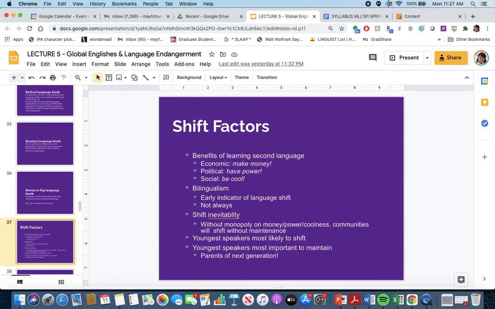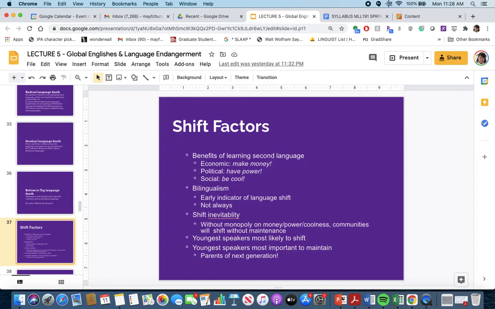So, talking about the shift factor, looking at why languages shift. There are benefits of learning a second language. Economic, to make money. Like I said, a lot of English learners are not doing it because it's cool. A lot of people are doing it to make money. A lot of it could be political, so they want to have power, right? And the best way to have power is to learn a particular language.